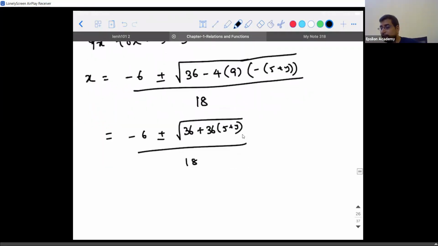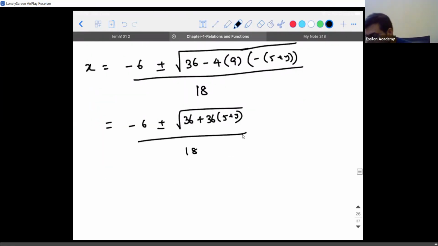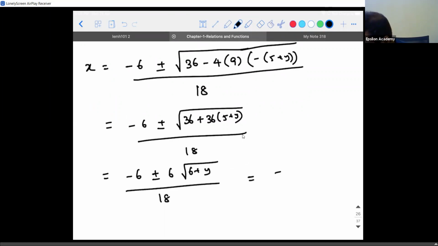So 36 plus 36, it will come out as 6: x = (−6 ± 6√(1 + 5 + y)), that will be 6 + y, the whole divided by 18. So x = (−1 ± √(6 + y)) / 3.